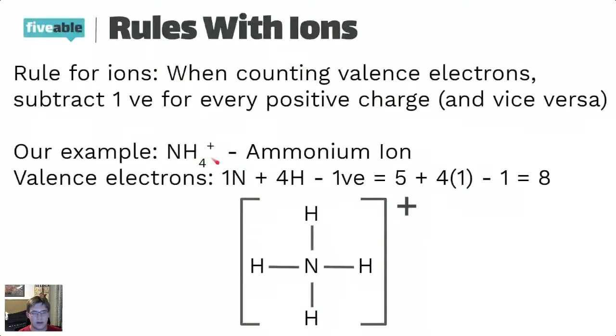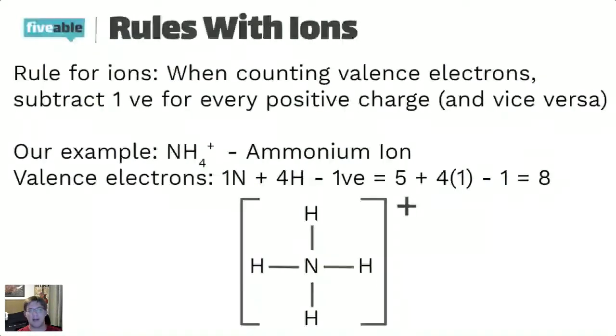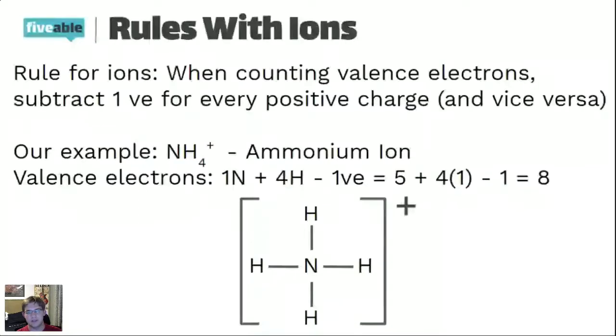So we're going to find 1 nitrogen, 4 hydrogens, and then we're going to subtract 1 valence electron because of the fact that we have a positive charge on our molecule. And so that's going to be equal to 5 plus 4 times 1, which is 4, minus 1, which gives us 8 valence electrons.